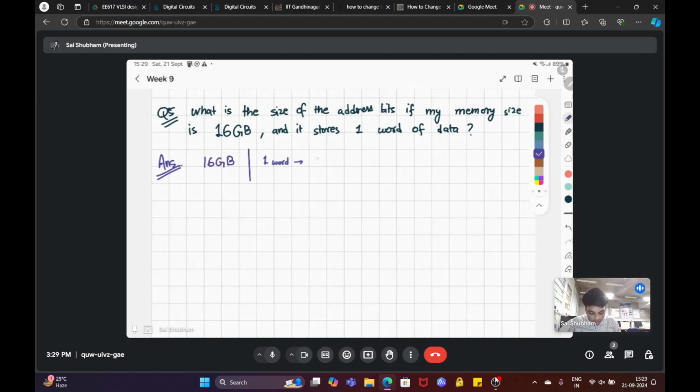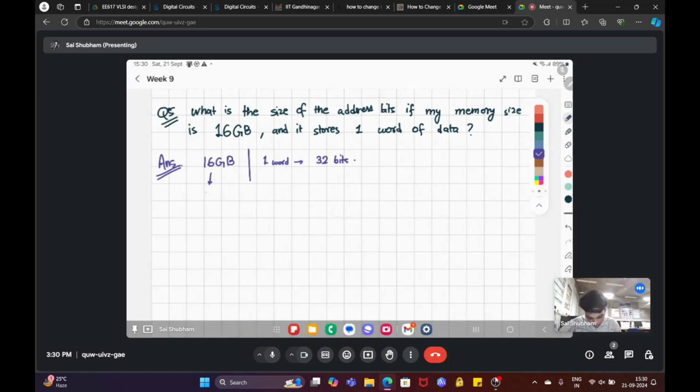So now one word consists of 32 bits, okay. 16 GB data is about 16 into 2 power 10 megabytes, which is 16 into 2 power 10 into 2 power 10 kilobytes, which is 16 into 2 power 10 into 2 power 10 into 2 power 10 bytes, which can be 8 bits, okay.